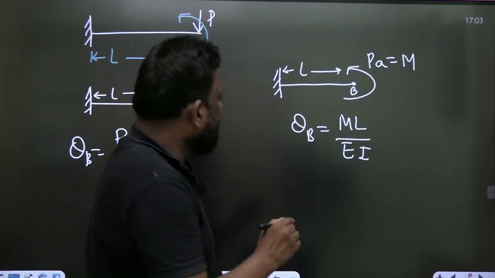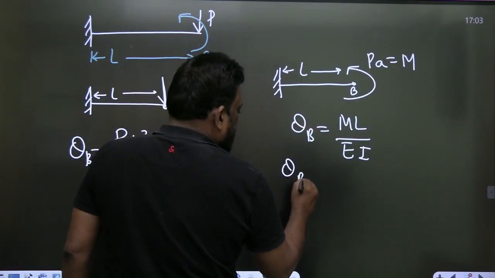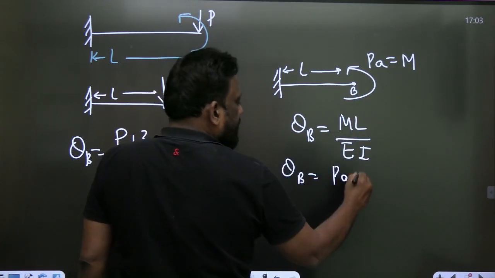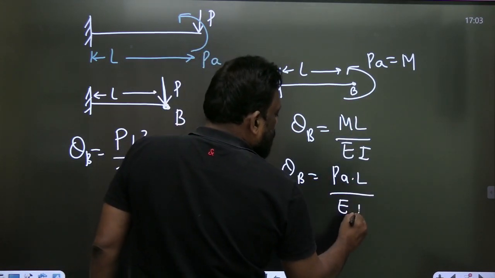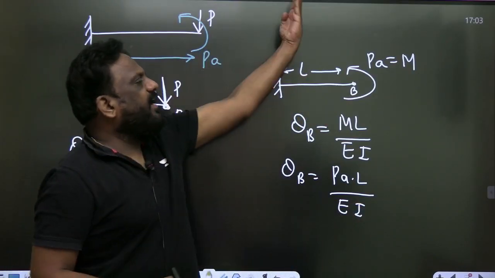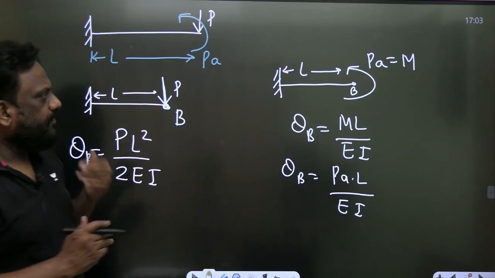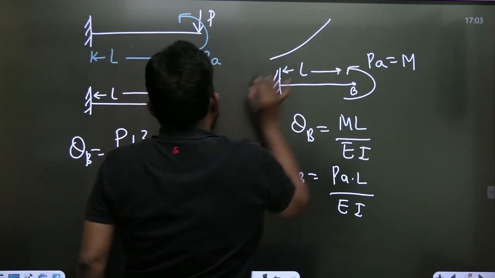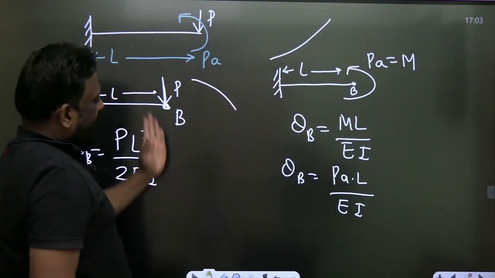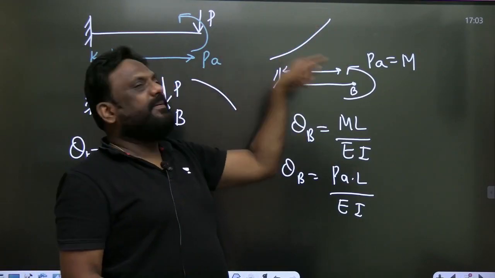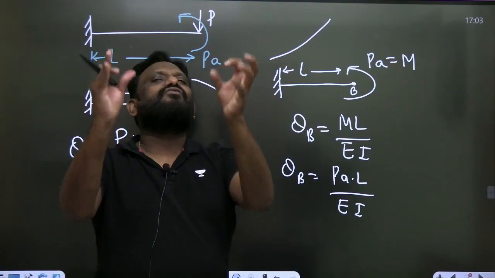So the slope at B due to the moment, with M equal to PA, is PAL by EI. One is upward and one is downward; one is a negative slope and one is a positive slope. When can the slope at point B be 0? When both are of the same magnitude.